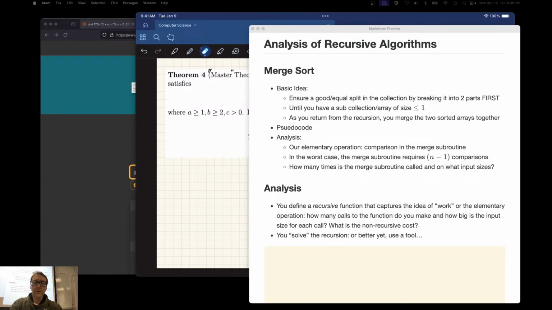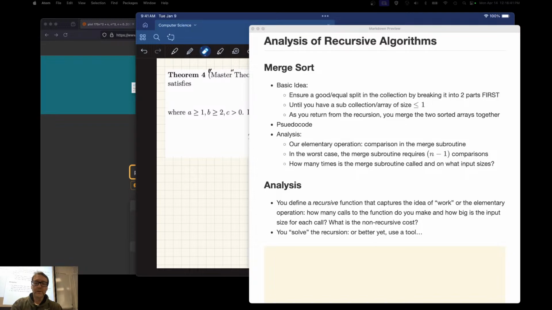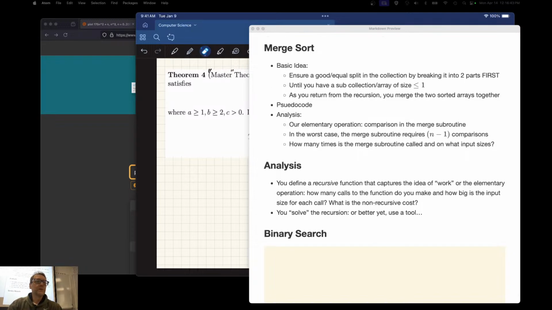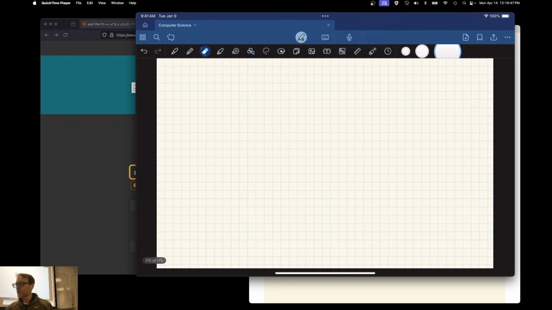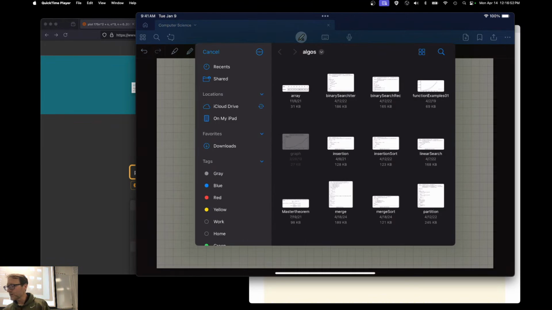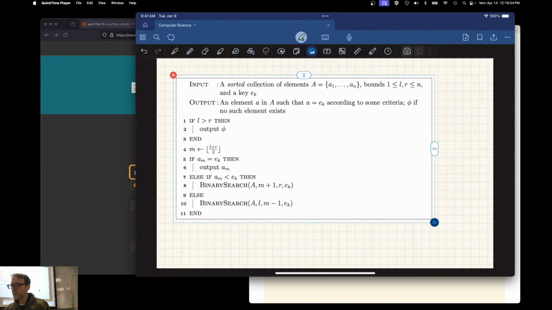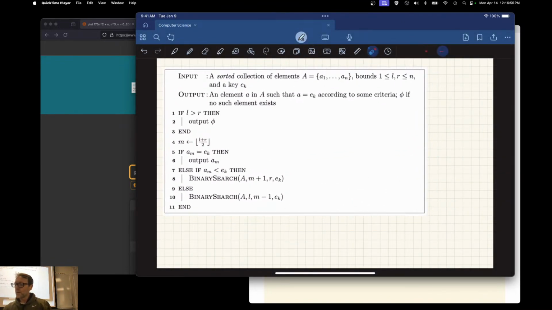Let's do another one really quick. Binary search. I only ever present the iterative version of binary search, but indeed there is a recursive version of binary search. There it is. We're taking a sorted collection, bounds L and R, and a key.